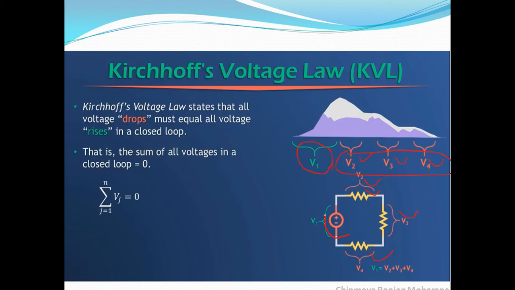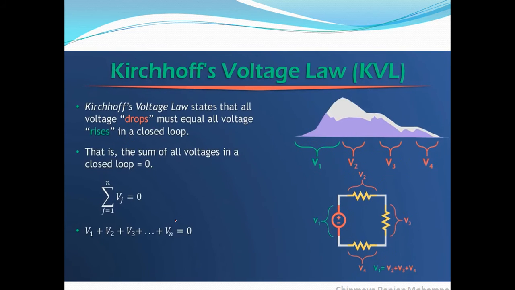So we can easily say that Kirchhoff's voltage law states that all voltage drops must equal all voltage rises in a closed loop. Then the expression is v1 plus v2 plus v3 plus up to vn equal to 0.